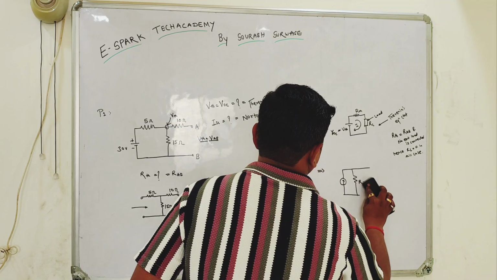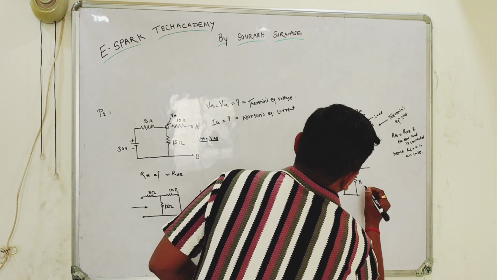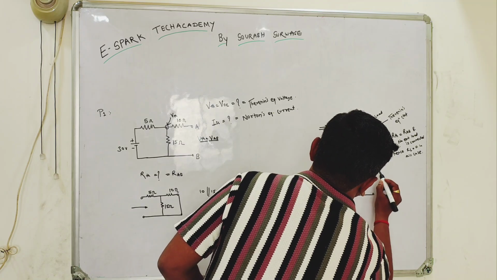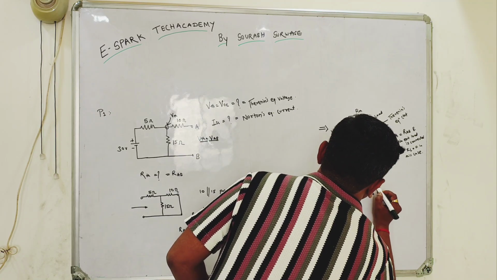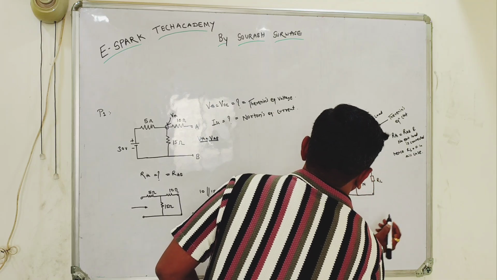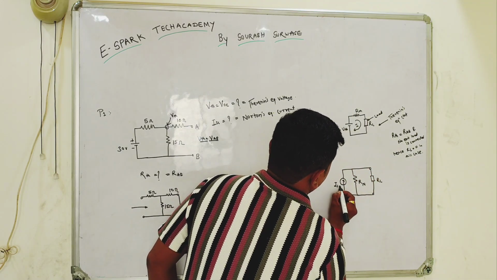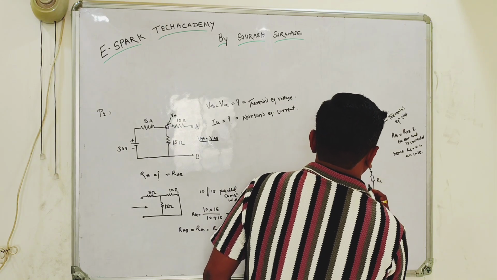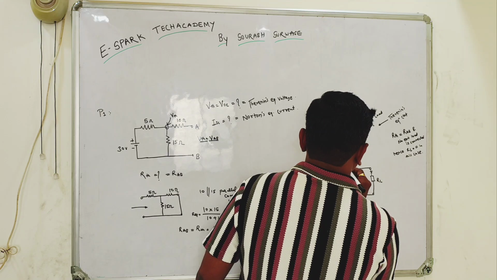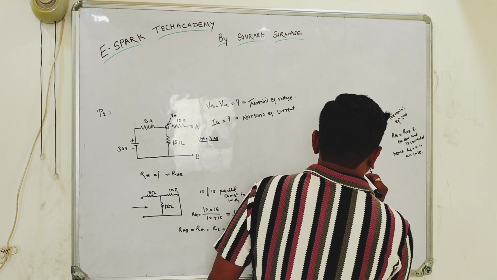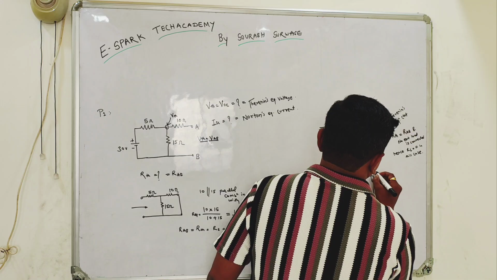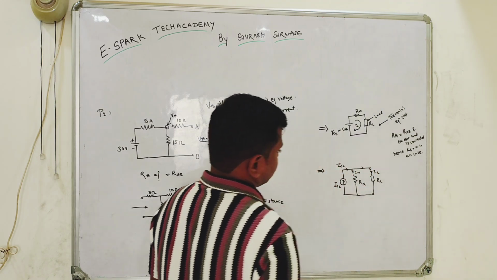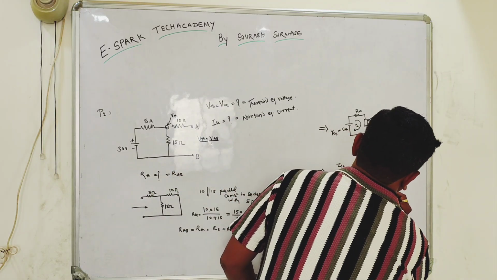RN means Norton's resistance, and this will be nothing but the load RL connected. Here it will be ISC. Here the two currents will be getting divided. Here it will be ISC. Here will be IN, you can say, and here you can look at the IL. This is Norton's equivalent.